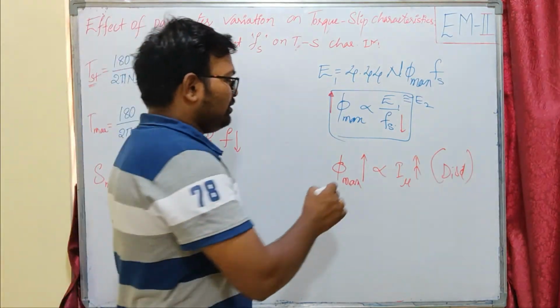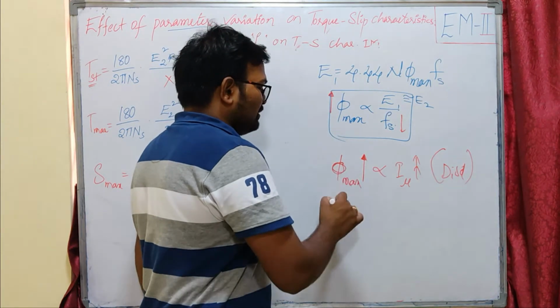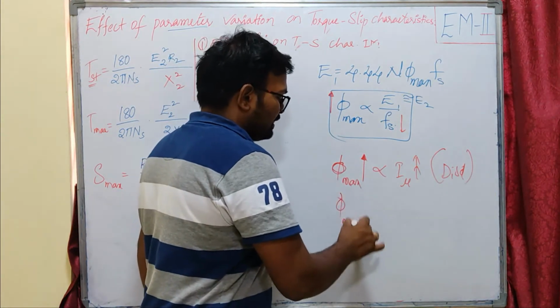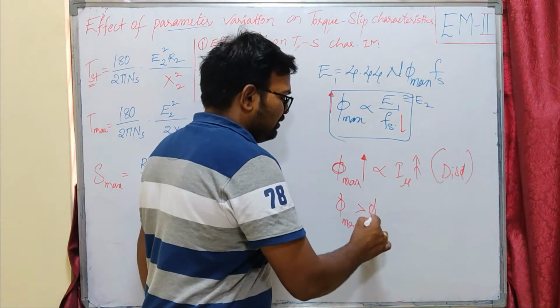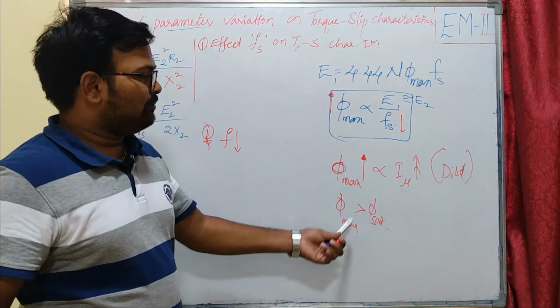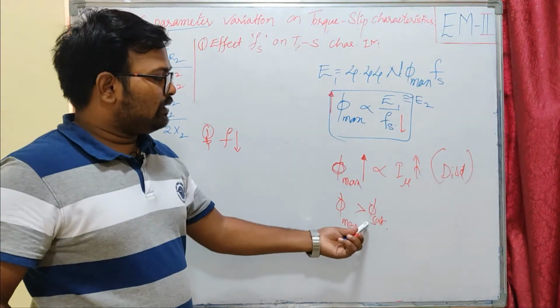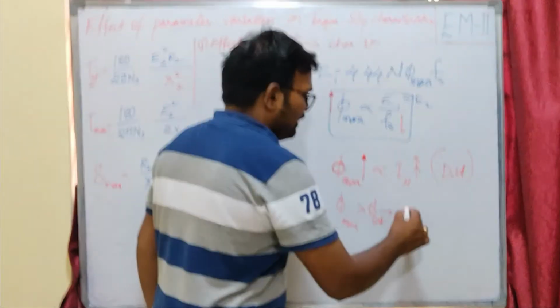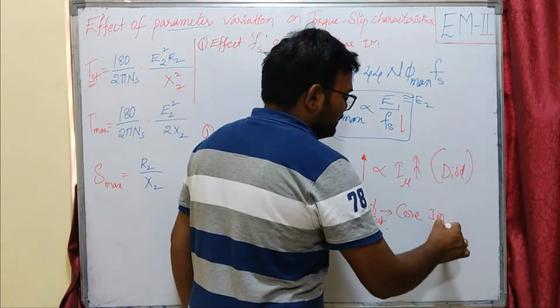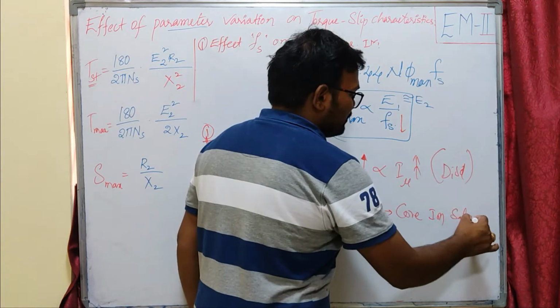And if you increase the phi max greater than its saturation value by reducing the frequency beyond the saturation point, our core material in the induction machine will go to deep saturation.